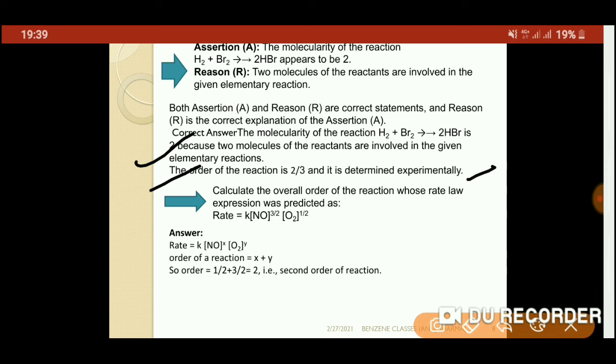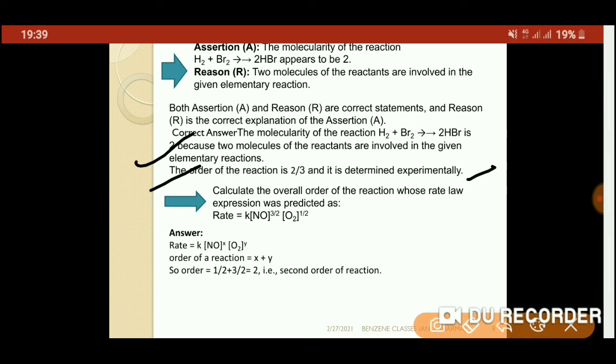You cannot say theoretically that this is the order of the reaction; you have to find the order practically, experimentally. You cannot easily determine the order of any reaction; you have to use a calculation method.